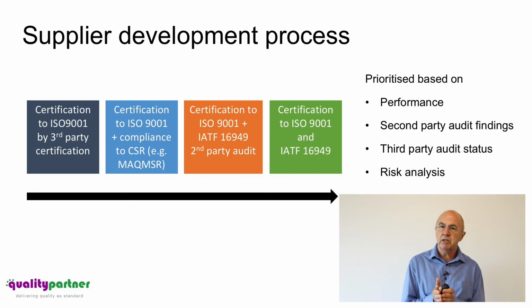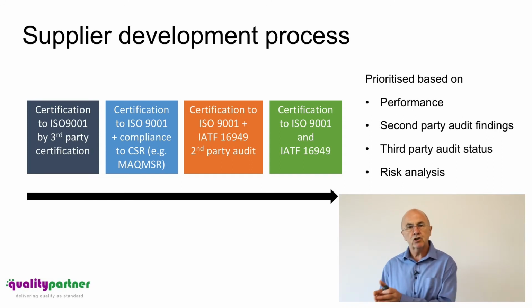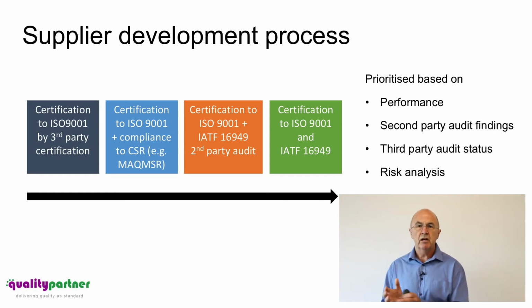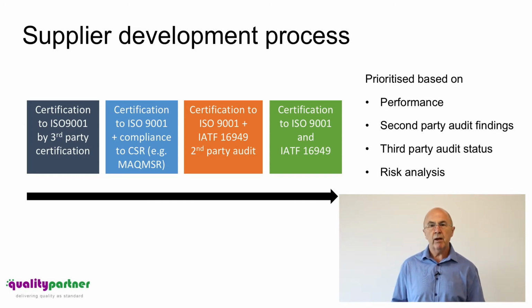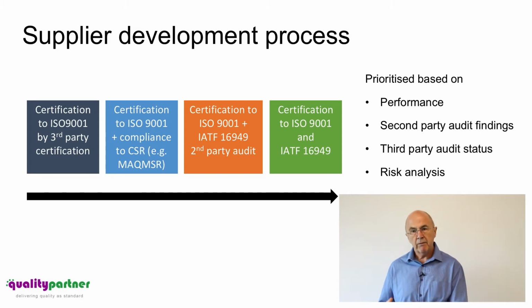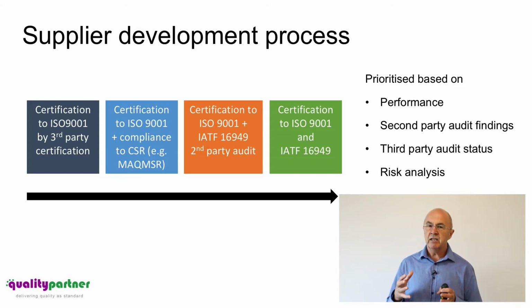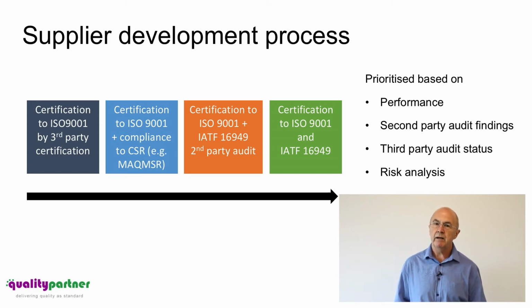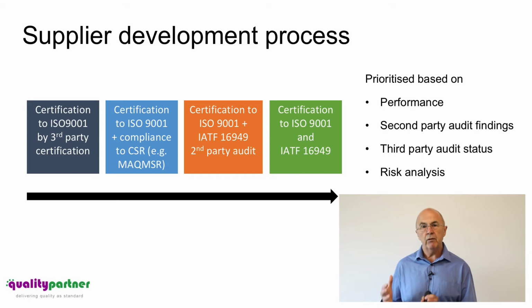But this phase of supply development is using structured supply development to try and move organisations towards the goal of compliance to IATF 16949. The next thing is we could develop the supplier so that they are still fully compliant with 9001 and they're compliant with IATF 16949, and we've validated that through doing a second party audit using qualified second party auditors.